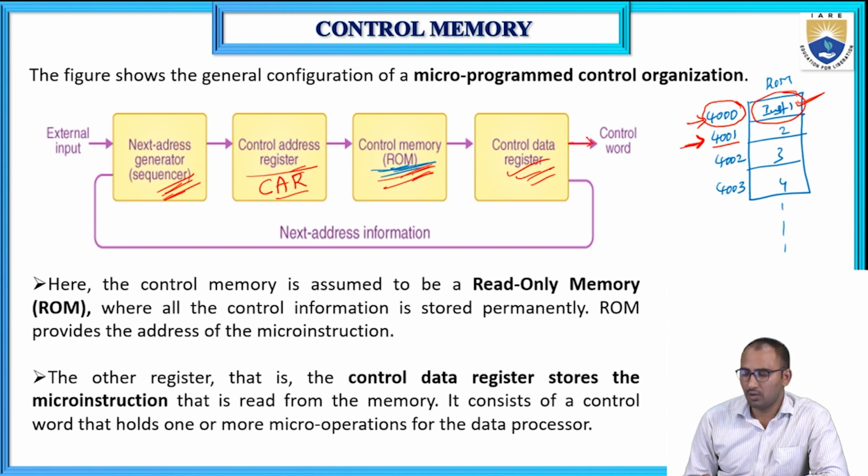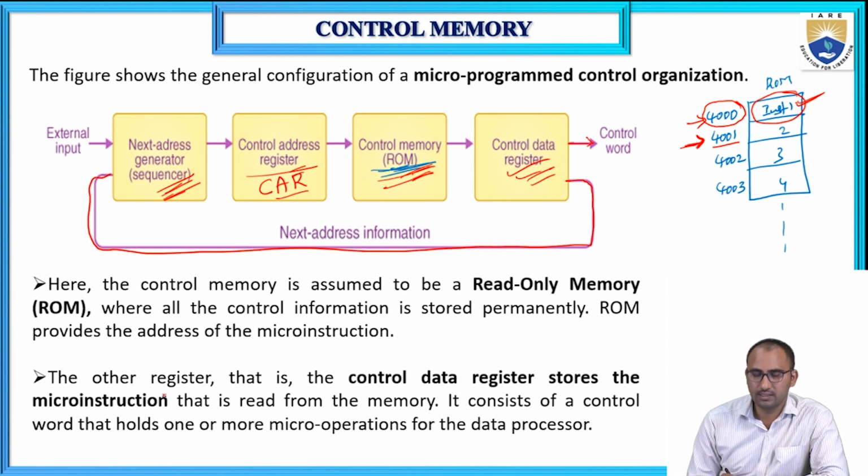The control data register has some control words also, so along with the instruction, some other bits are there. Using those bits, we give the input to the address sequencer. With the help of the additional bits and an external input, it will generate the address of the next instruction.